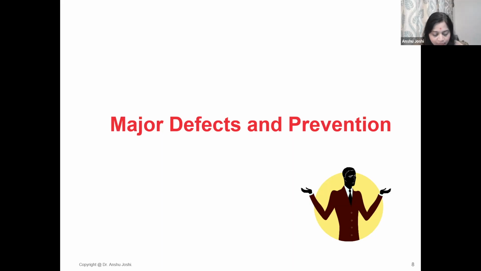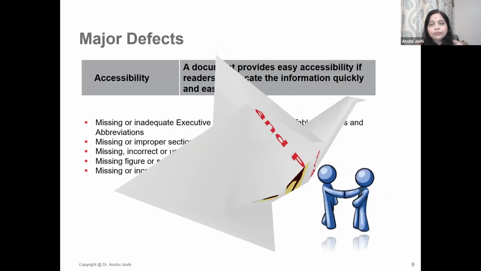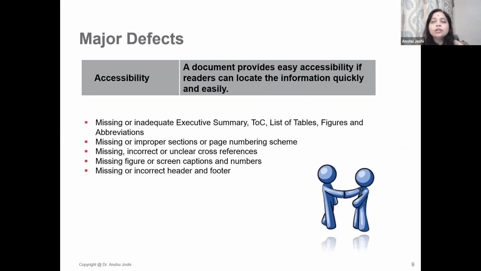So in this section, we can now see different types of defects that impact the quality of our research proposals. First and foremost, it is related to the accessibility of the proposal document. A document provides easy accessibility to the readers if they can locate the information quickly and easily.